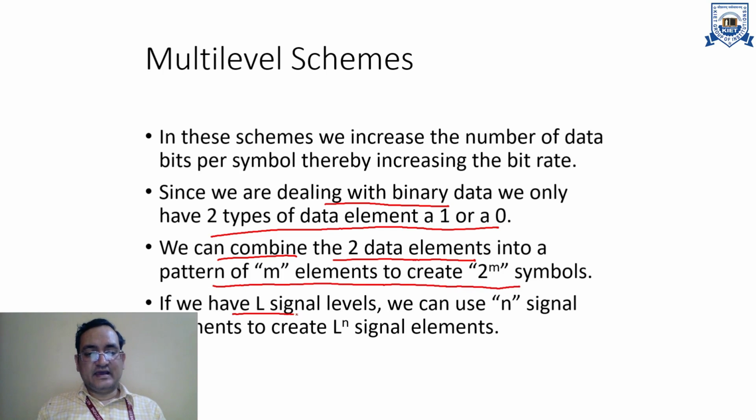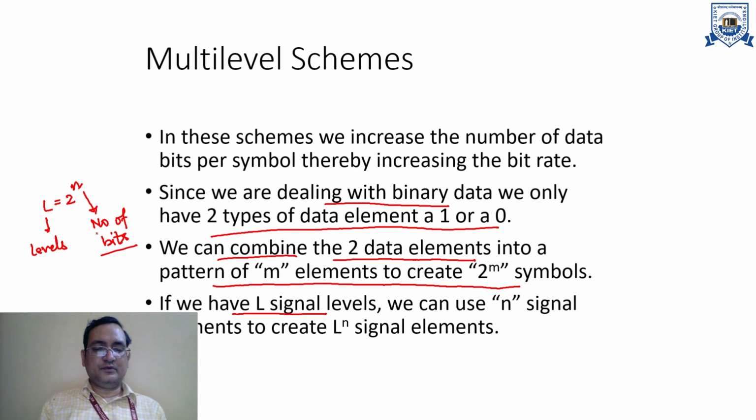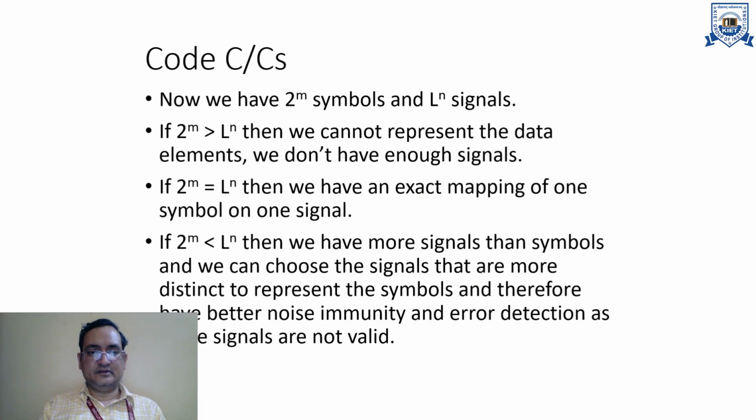Now if we have L signal levels, I have already told you L is equal to 2 to the power n. These are the number of levels, and n is the number of bits required to represent these levels in the form of digital data, right? So we can use n signal elements to create L to the power n signal elements.